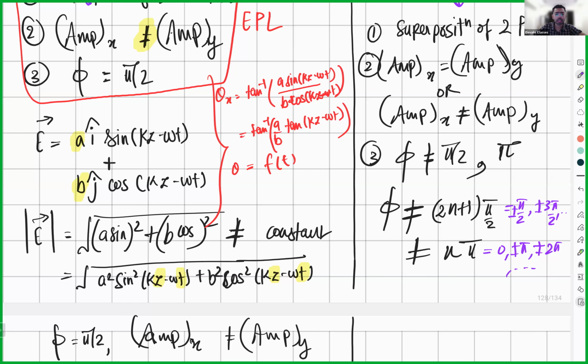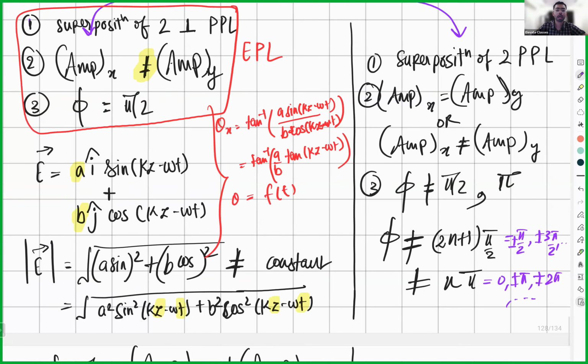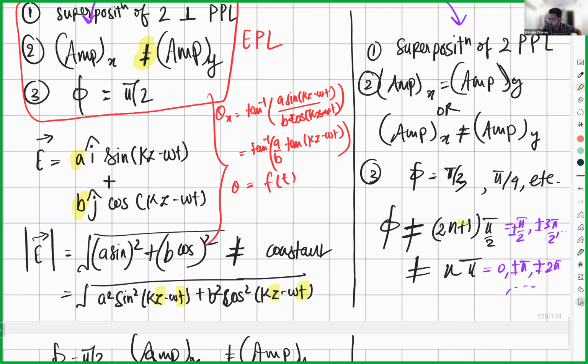Except for these values of angles, if I have any other phase difference, like for example pi by 4, pi by 3, let us say phi is equal to pi by 3, pi by 4, etc. The only condition is that I cannot have odd multiple of pi by 2 and any multiple of pi. And the amplitude can be equal also, it can be unequal also. Then also I get an ellipse. Surprisingly, then also I get an ellipse.